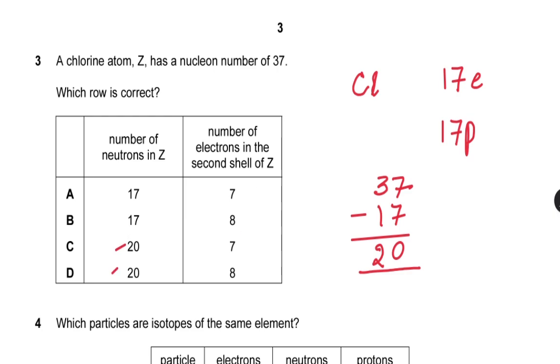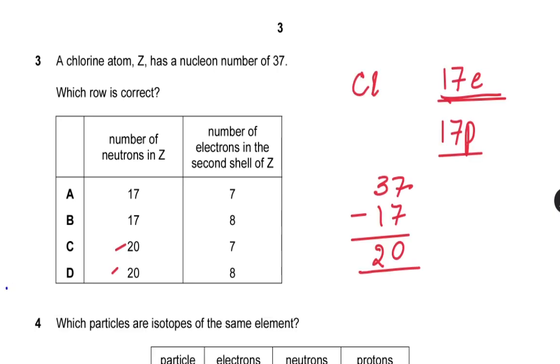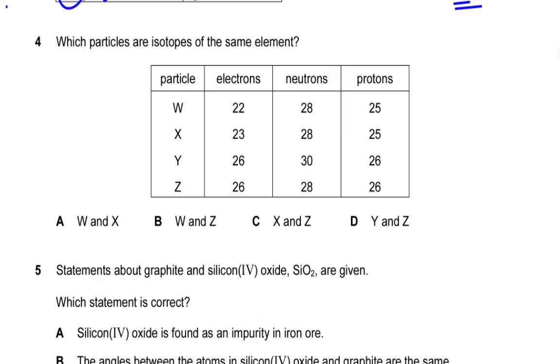Now come towards the second option, the number of electrons in the second shell of Z. Basically, a chlorine atom has 17 electrons, and if we do its electronic configuration for 17 electrons, it is 2, 8, 7, and the second shell has 8 electrons. So this option is correct with this D option. Now, what basically are isotopes?